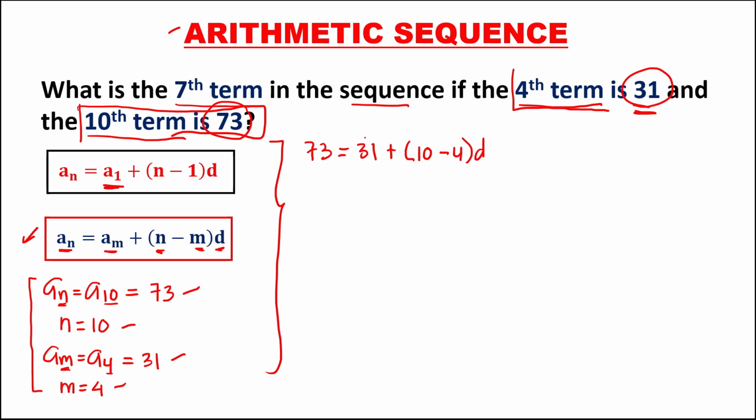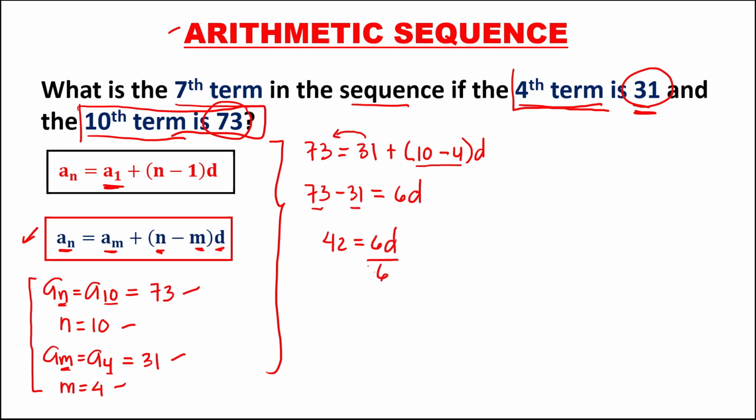Then we need to transpose now this 31 to the other side. So this becomes 73 minus 31, equals this 10 minus 4, this one is 6, times the common difference. Then for this 73 minus 31, this is 42, equals 6 times the common difference.